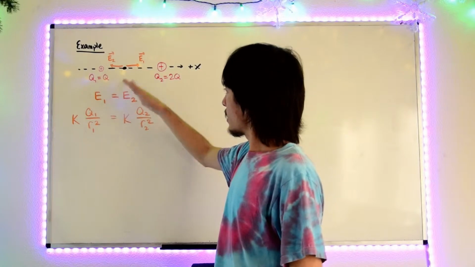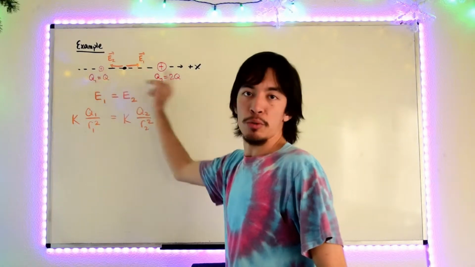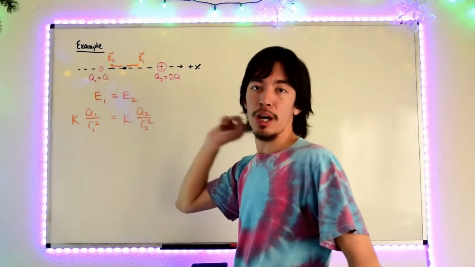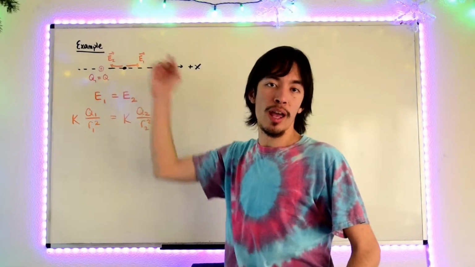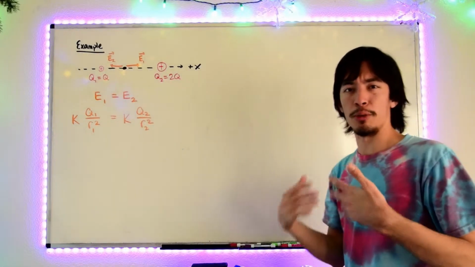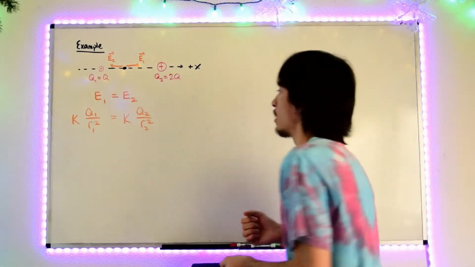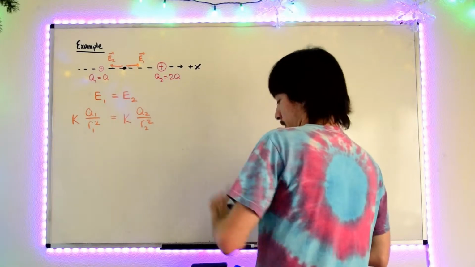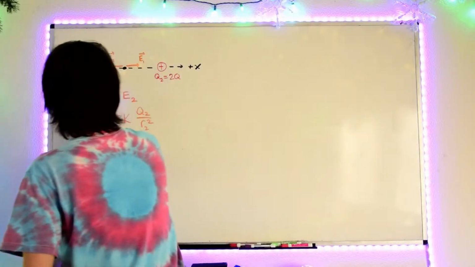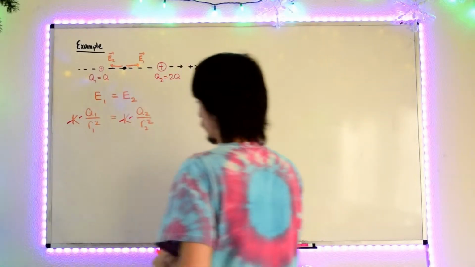Okay? So if the distance between the two is 10 millimeters in this problem, we should expect an answer that's less than 5 away from that other charge. Let's say somewhere between like 3 and 4. So let's continue. Now we can clean this up a little bit. First of all, k cancels out like that.